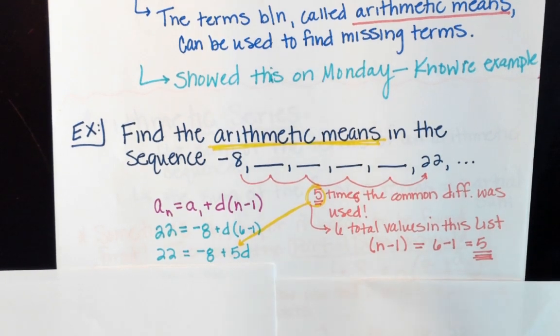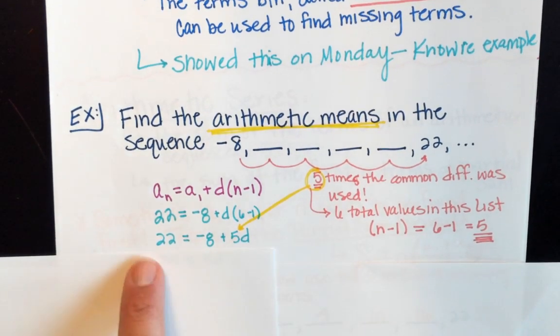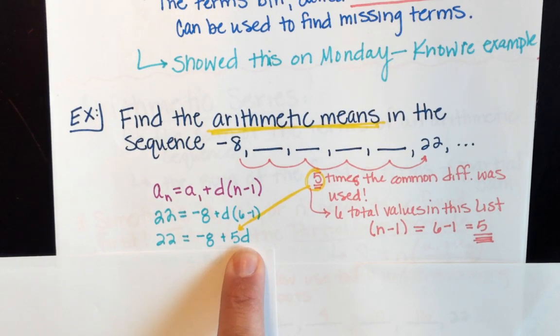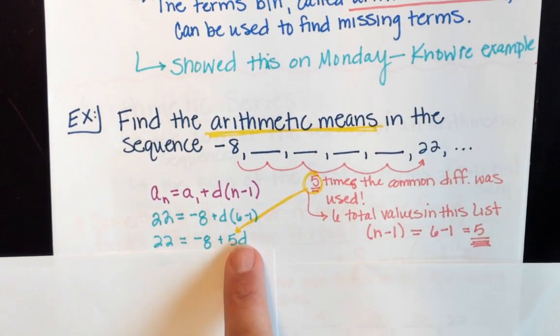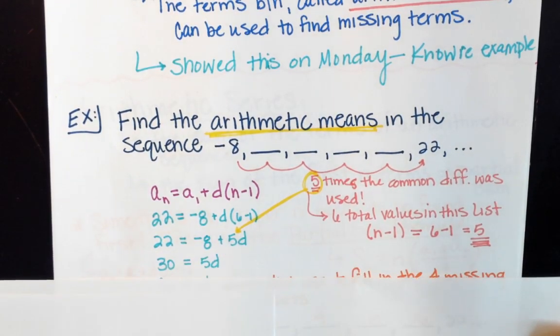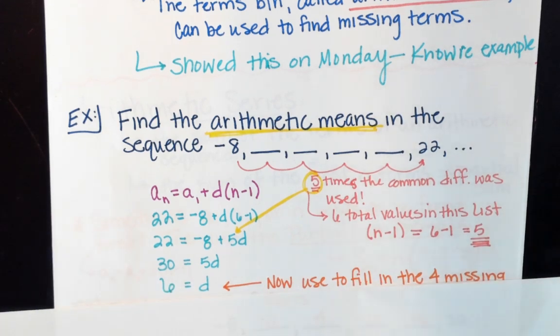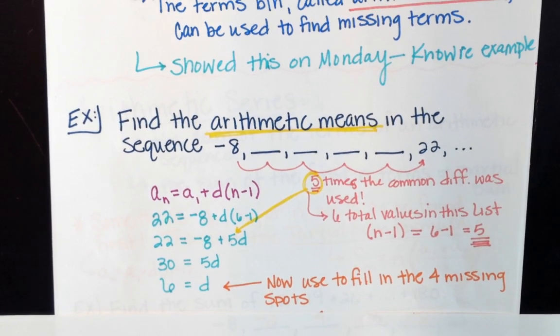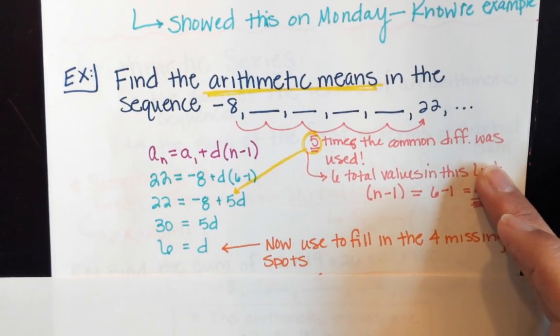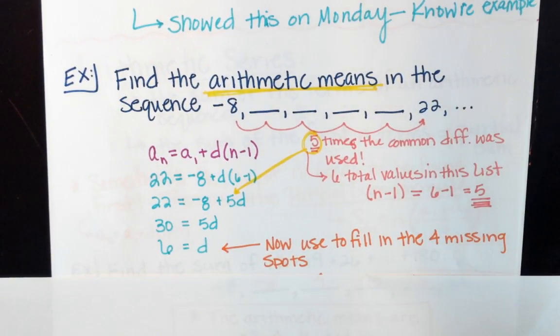So if you remember on Monday, we did write this down: first term, last term, how many spaces times the common difference. And when we solve, you get your common difference of 6. So it's the same problem that we worked on Monday, just probably with more explanations.